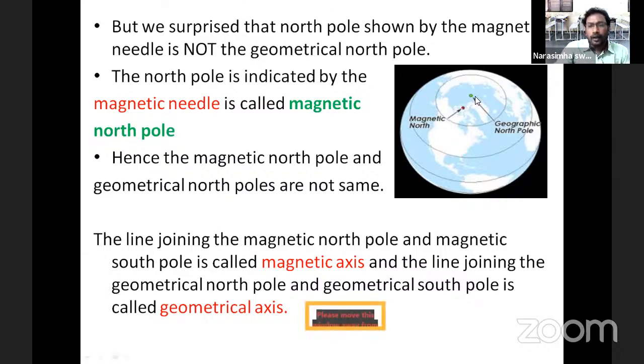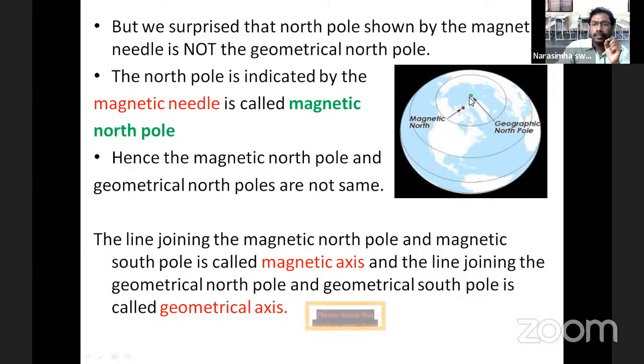But our needle is not showing this point. It is showing another point, colored red, indicated by the magnetic needle. The needle shows this point as the north pole, but geometrically the green point is the north pole.